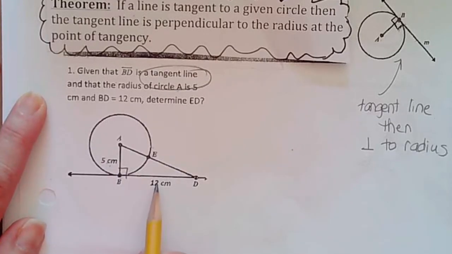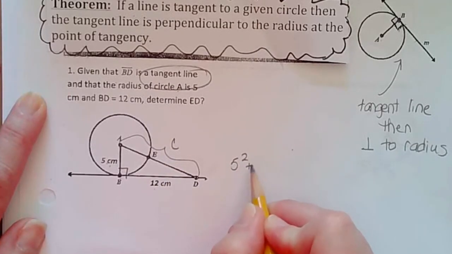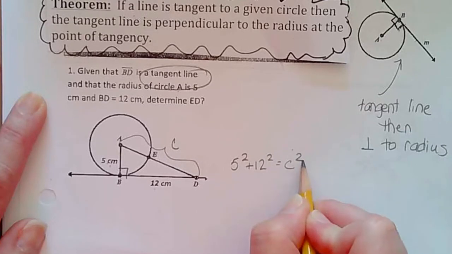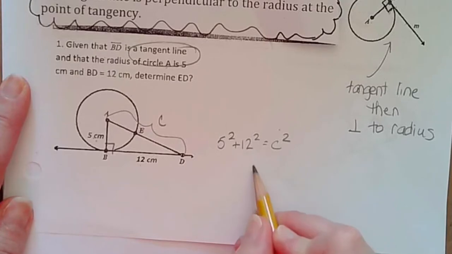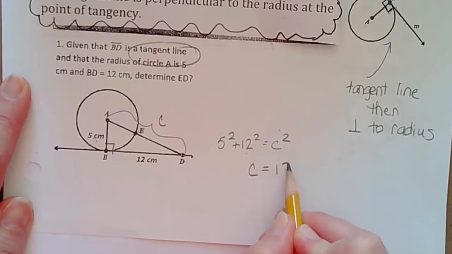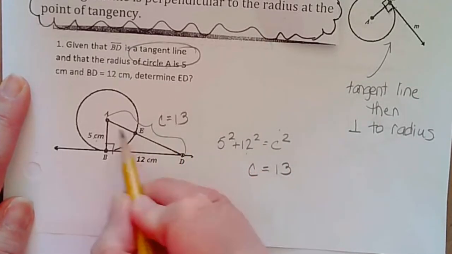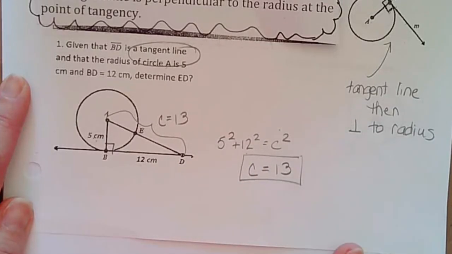A squared plus B squared equals C squared. Call that C. So 5 squared plus 12 squared is equal to C squared. You can do the math with your calculator, or maybe some of us have this memorized, and we know that this is a 5, 12, 13. So this hypotenuse is 13, but that's not what they're asking for.